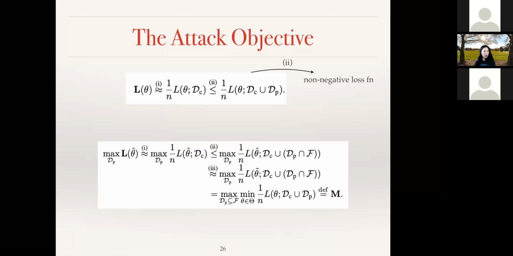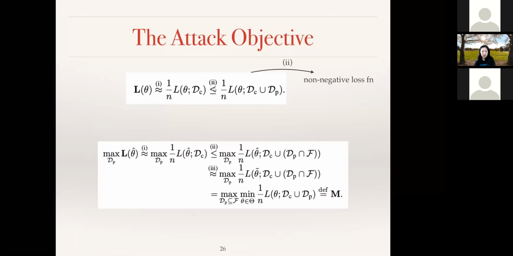Again, if you follow inequality 1, which is no overfitting, then you would have this approximation, and hopefully they are very close to each other. Of course, you can also use some concentration inequality to bound this, but this paper only talks about an approximation here. Once you have that, you would also have this quantity.